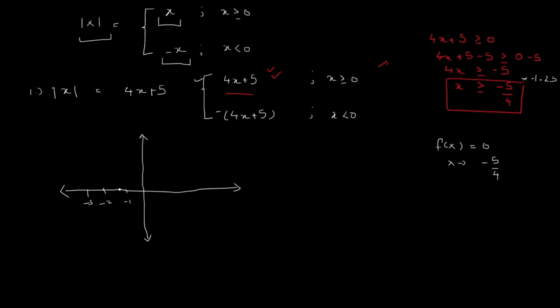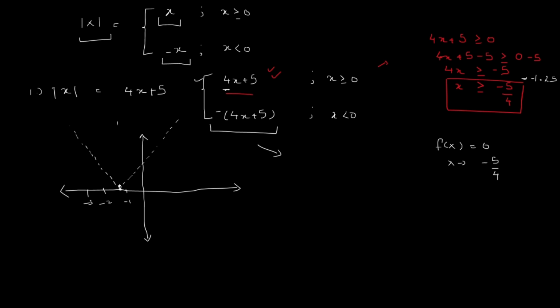So here. And since the slope is 4, it will go upwards, something like this. Okay. And now let's draw the graph for the other part. Simply, the point where we started this graph will be the beginning of the second graph, but in the opposite direction. Like this.